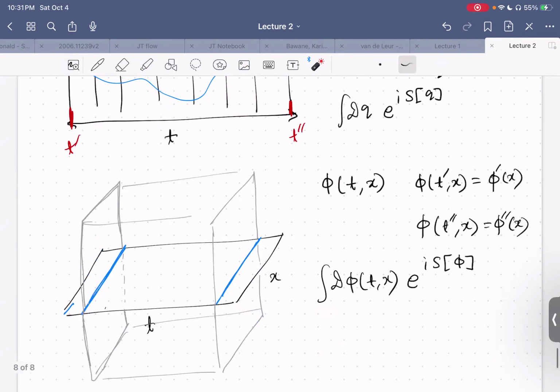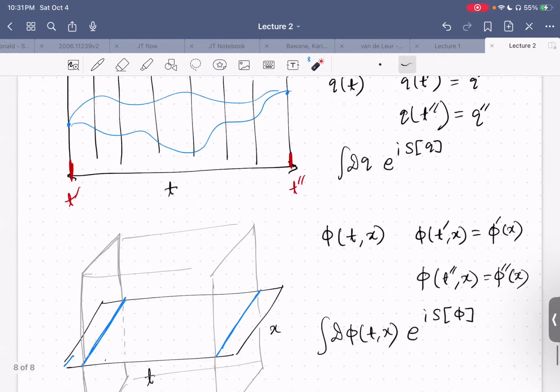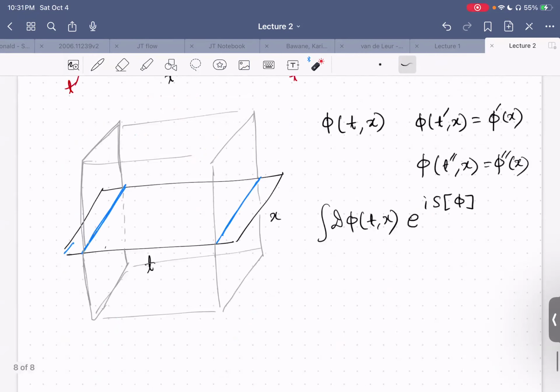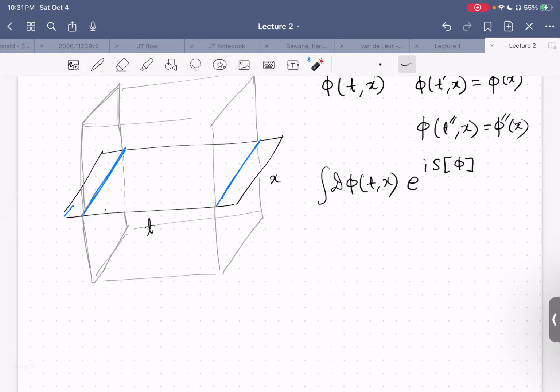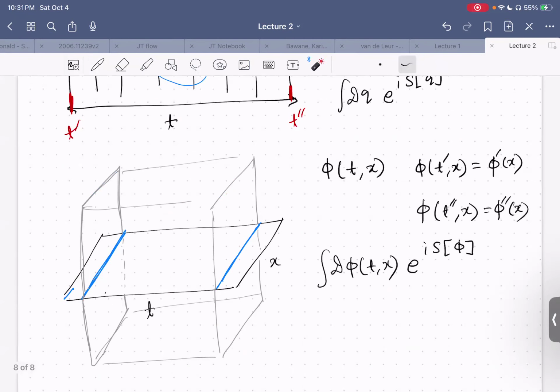I can try to even draw the analogous picture of these things, but it becomes slightly more complicated because now the picture has to be 3D. But let's try. So what I'm saying here is that at time t prime, so let's pick a time, let's call this time t prime, at t prime you have this line. And let's call this time t double prime.